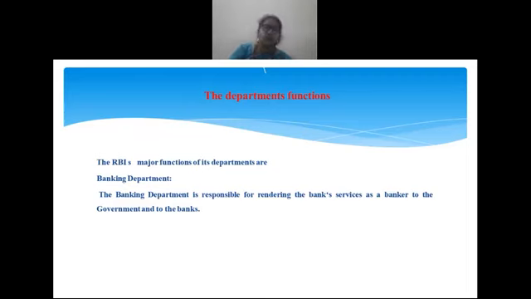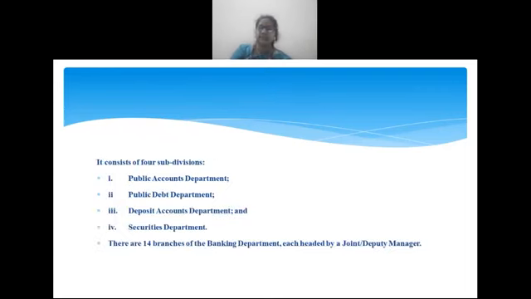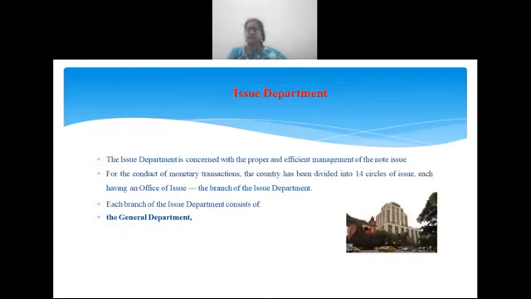Okay, now we'll pass on to the next department, the issue department. What is this issue? The issue department is concerned with the proper and efficient management of note issue. One of the RBI's major duties and responsibilities is the issue of notes.